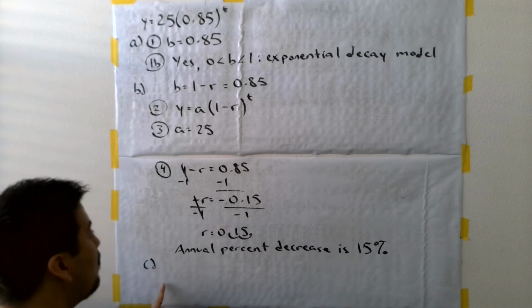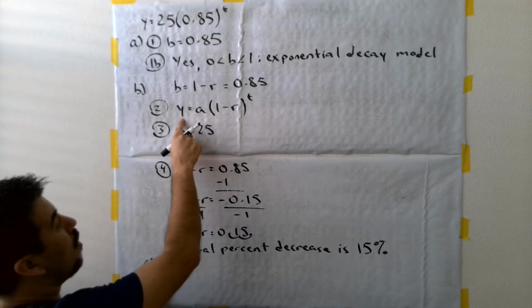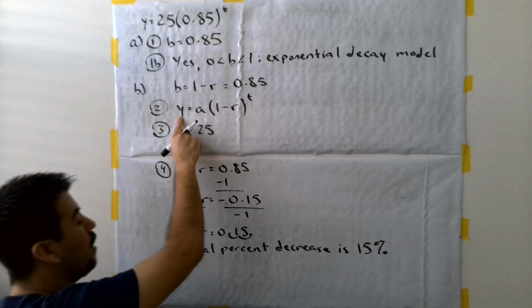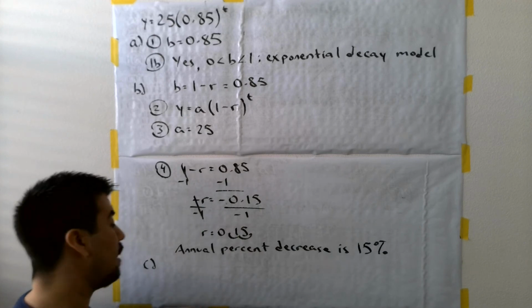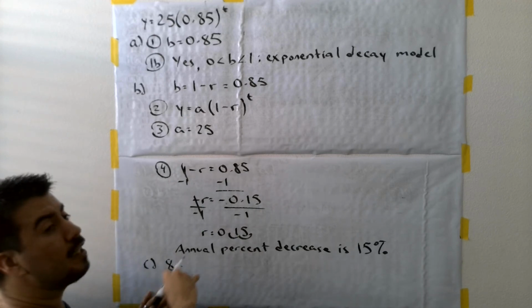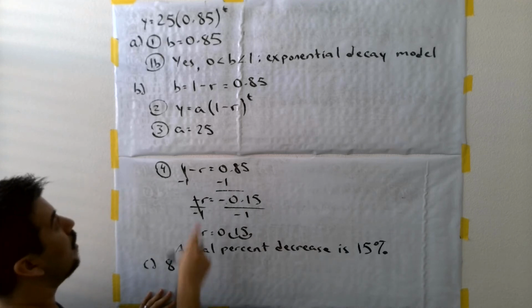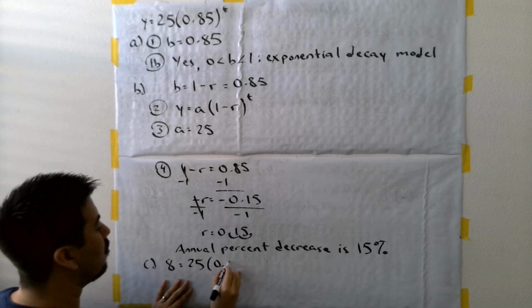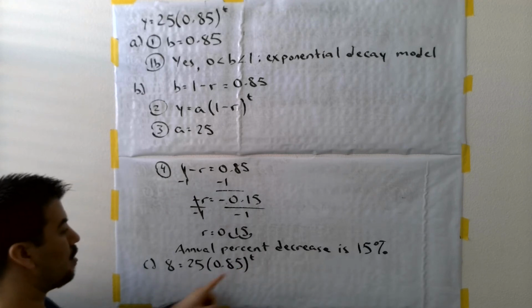So that does not mean I'm going to replace the value y, the value of the car, with the number 8,000. I'm actually just going to put in the number 8, because that represents $8,000.